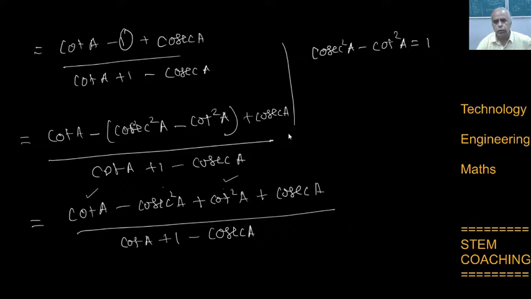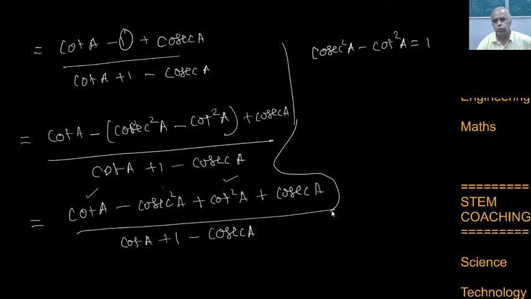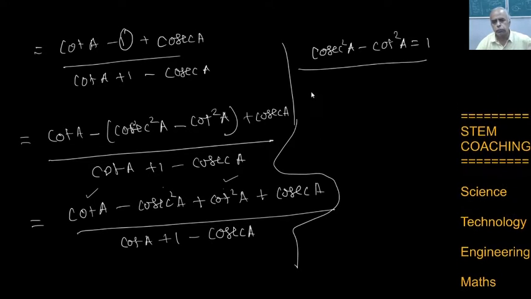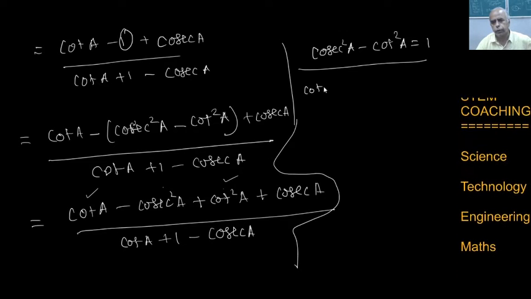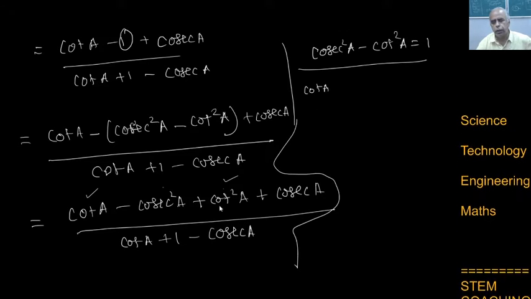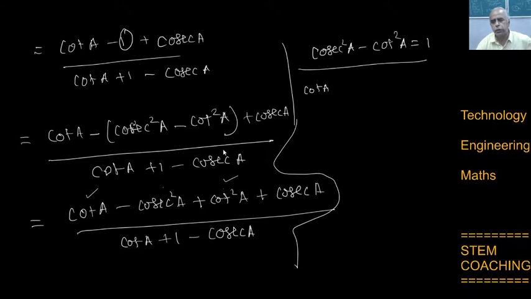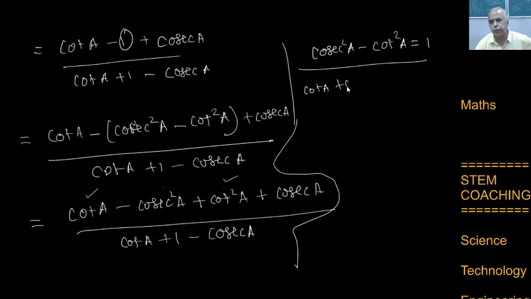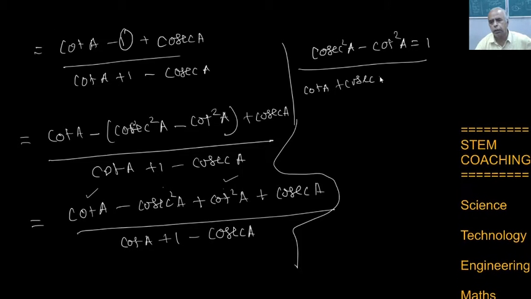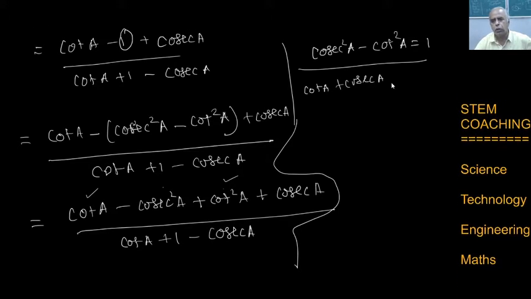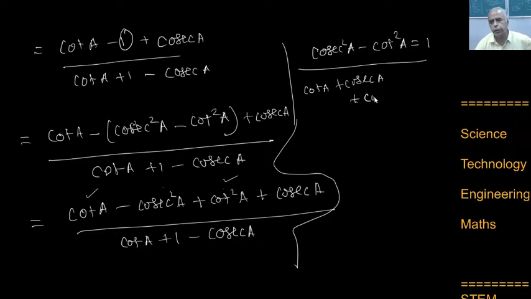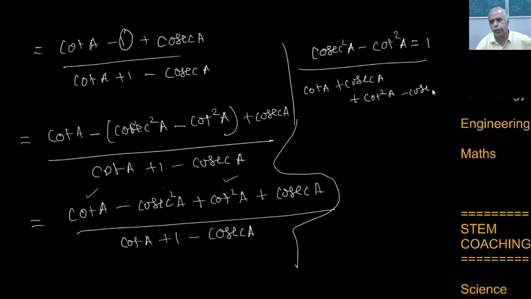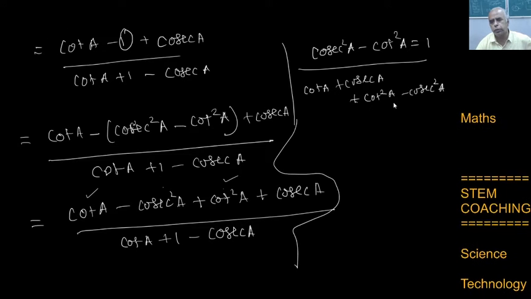Okay. So I'll write here cot A and cot squared A minus cosecant squared A. You can write plus cosecant A here, and then cot squared A minus cosecant squared A. You can apply the A squared minus B squared formula.